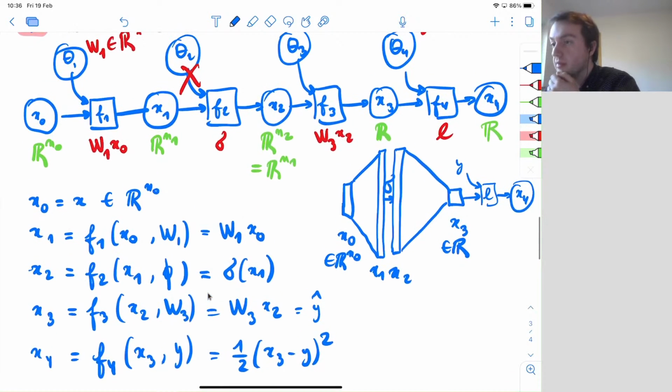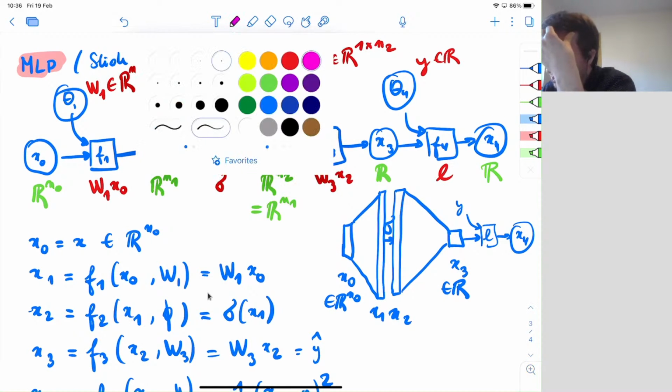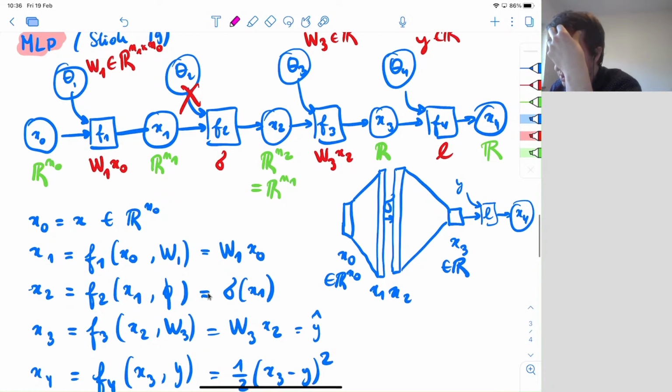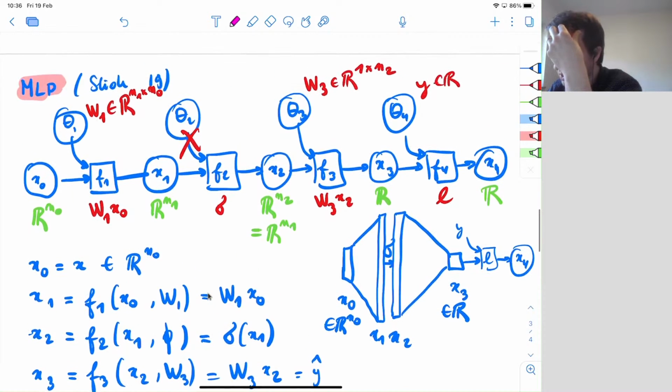Now it's a bit different from before in the sense that we don't have a pure chain composition where we would like to go from x4 to x0. Instead, what we want to compute is the gradient of x4, for example, with respect to the parameter values θ1 or θ0.